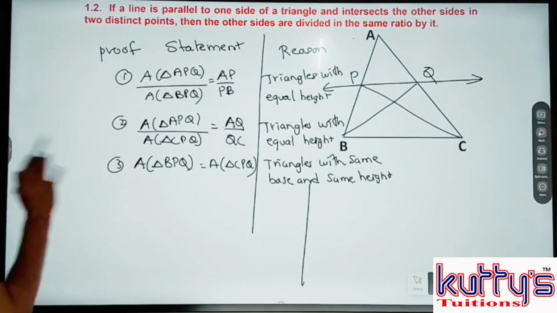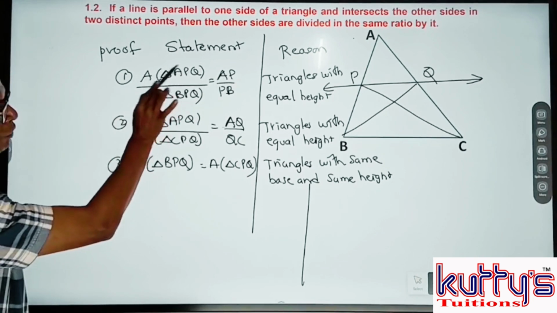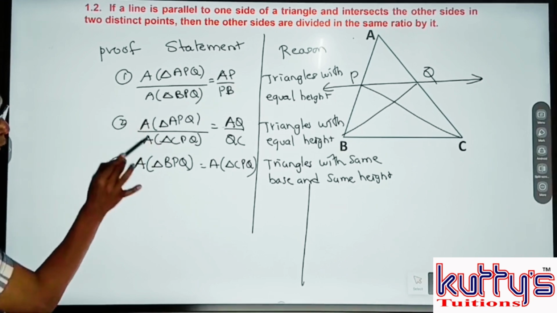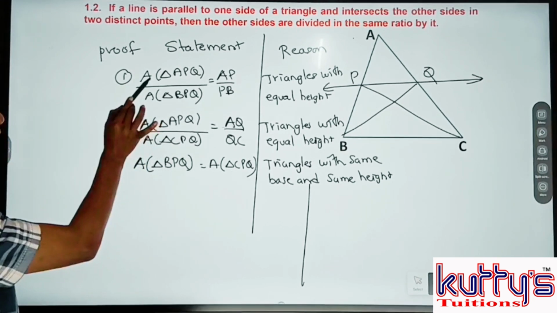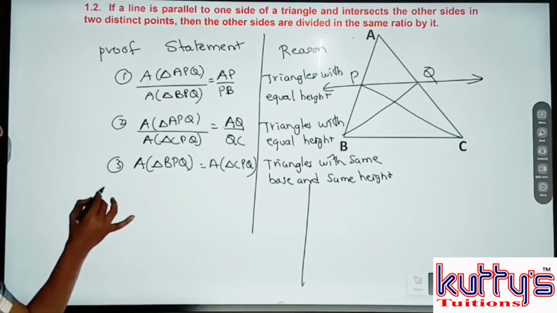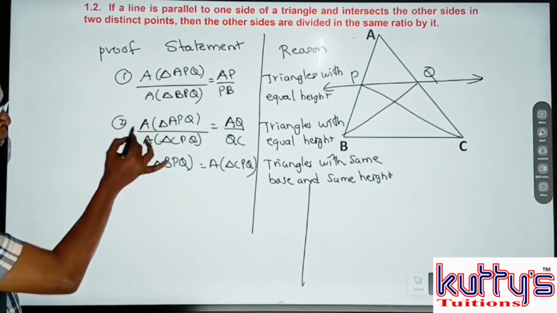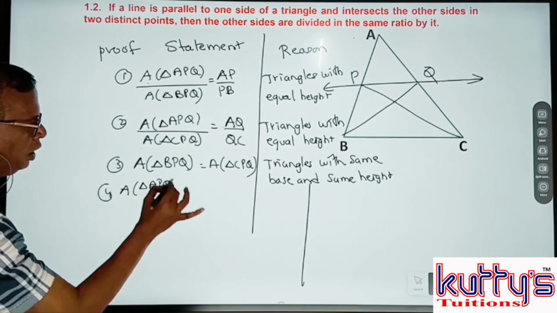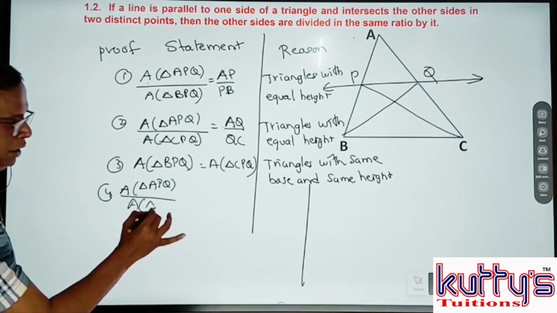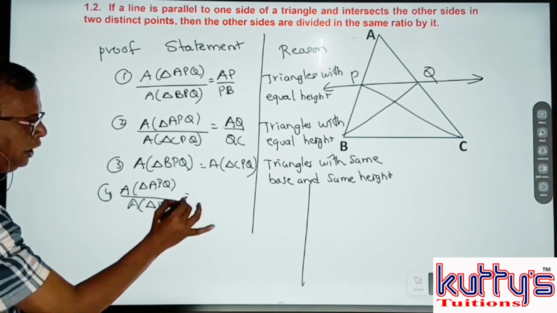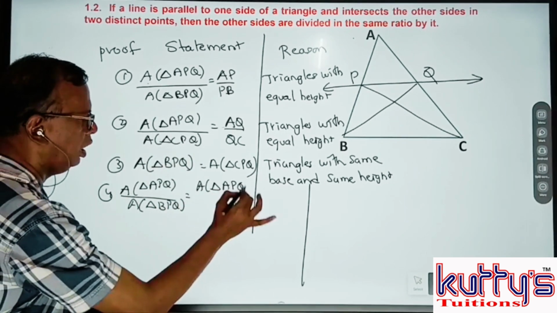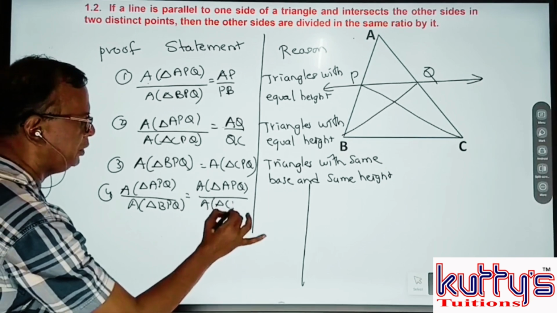So from 1, 2 and 3, what can you say? This ratio and this ratio are same. How? See here, area of APQ, here area of APQ. Here BPQ and CPQ, they are equal. So this ratio and this ratio are what? Same. So we can say from 1, 2 and 3, area of triangle APQ upon area of triangle BPQ is equal to area of triangle APQ upon area of triangle CPQ.